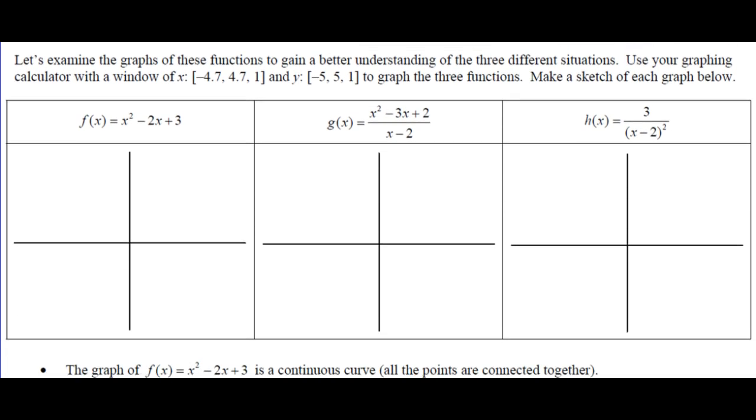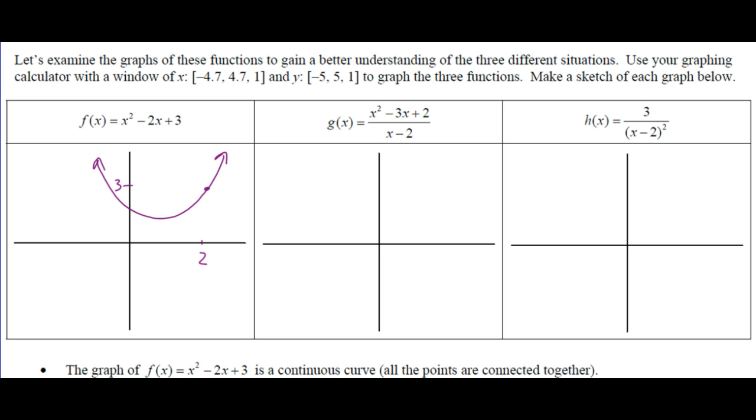Let's examine the graphs of these functions to gain a better understanding. Been there, done that. We just did those. So what did they look like? That was 2, that was 3, and there was a point there.